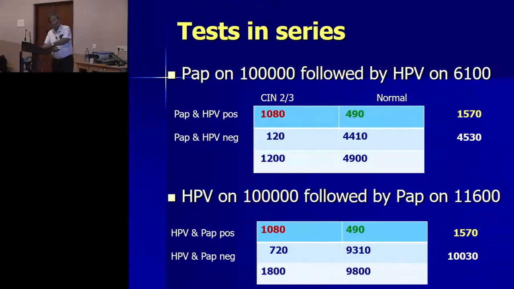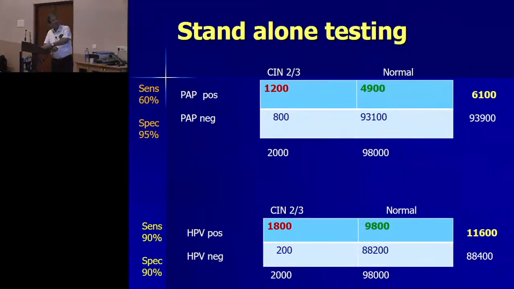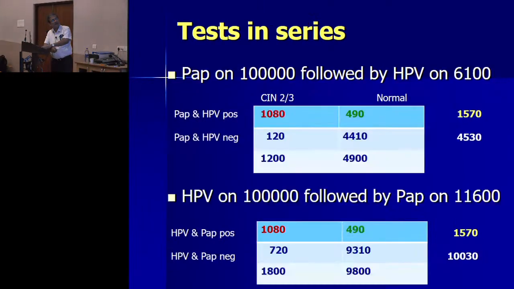Go back to the previous one. Pap smear. So you are doing HPV on these 6,100 women who are positive, right? You are doing serial testing, correct? You forget the ones you have said are all negative. So you take these 6,100, and there are 1,200 positives there.